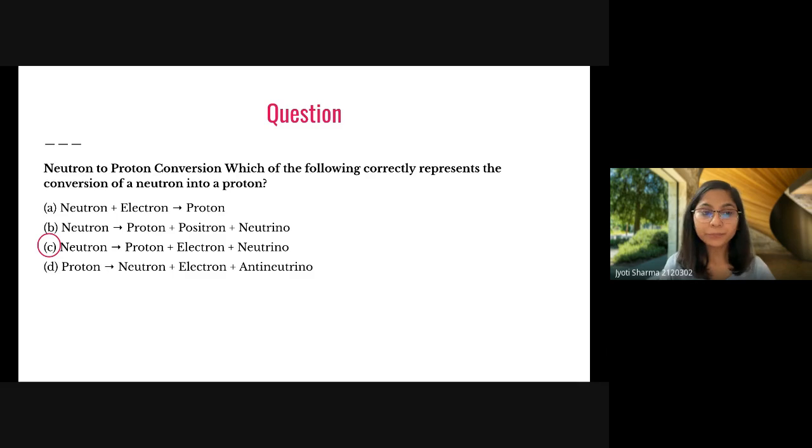Let me tell you why. If you have a neutron, neutron is represented by this one, right? Because there is no charge, it has to give one positive charge and one negative charge. If we have the negative charge, this is nothing but minus beta decay, right?